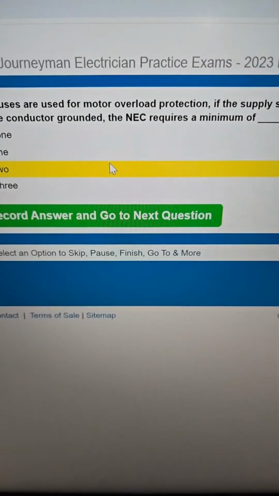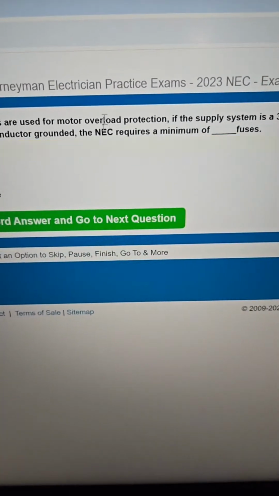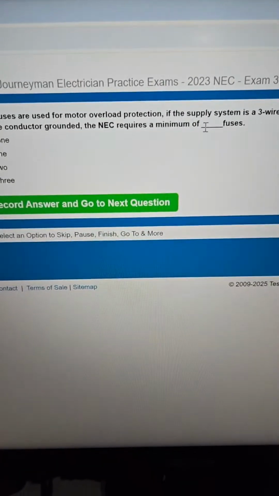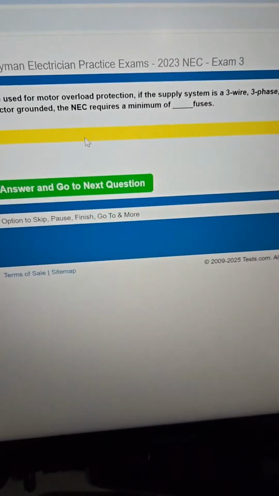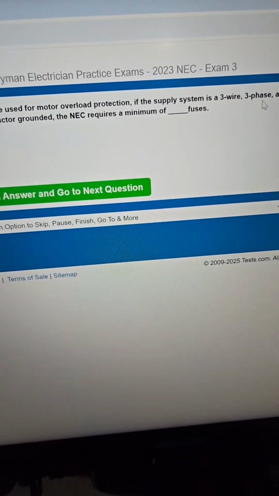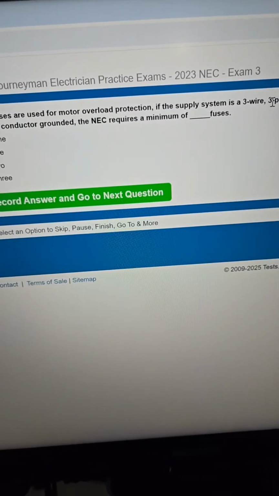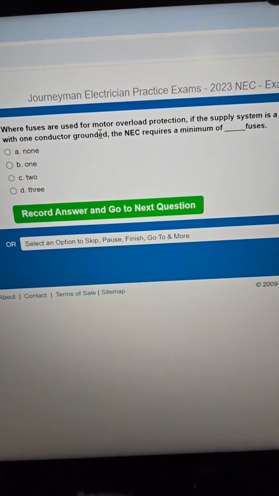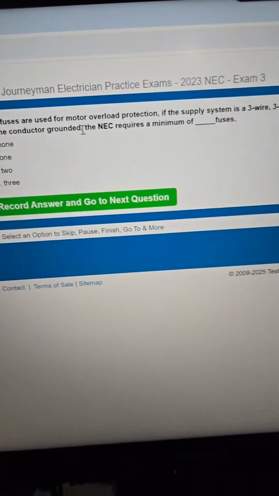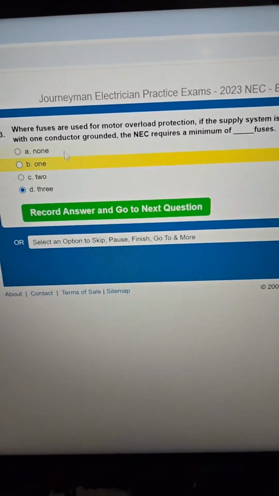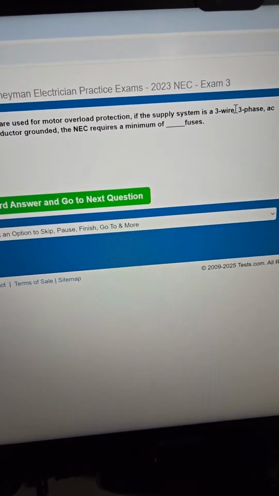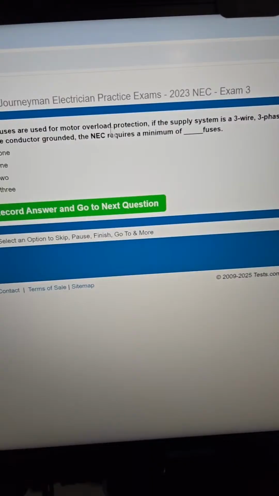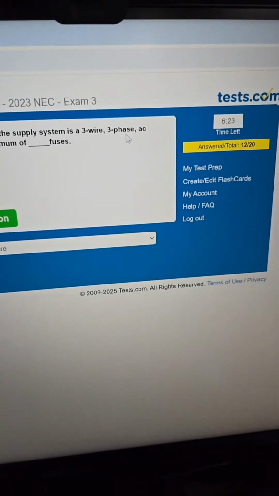What's up, Dan? Fuses for motor overload protection. 3-wire, 3-phase AC, 1 conductor grounded. The NEC requires a minimum of blank fuses. Oh my goodness. 3-wire, 3-phase. That's going to be 3. With 1 conductor grounded, that's irrelevant. 3 wires, 3-phase. Wait.